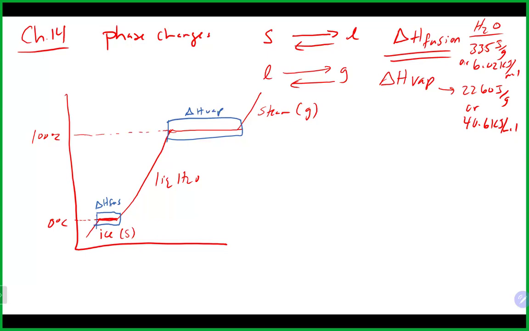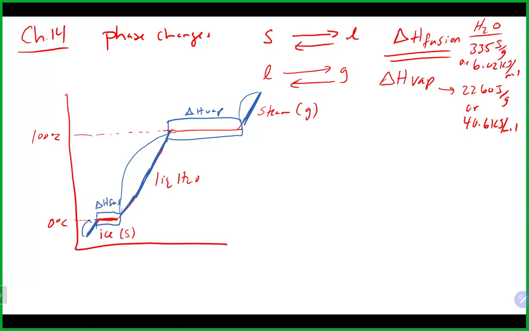Remember that the other parts of the graph, in this area, in this area here, and also in this area here, are all, depending on where you're at, really in the same phase, and the only thing that's happening is we're changing the temperature.